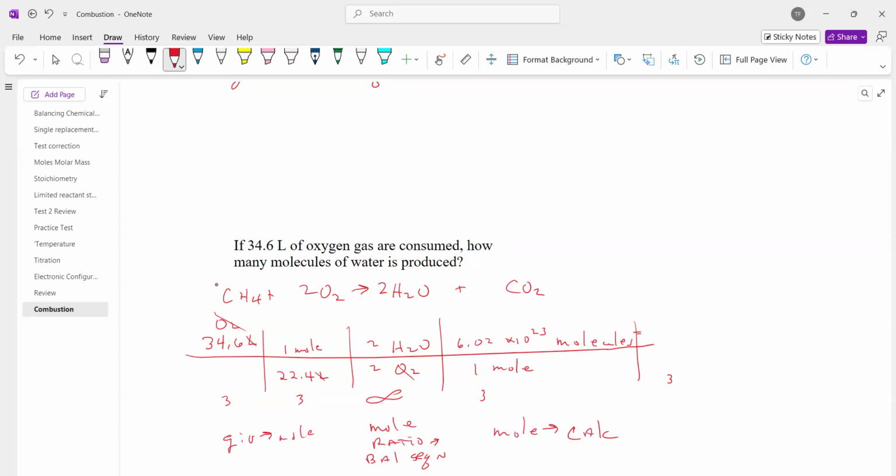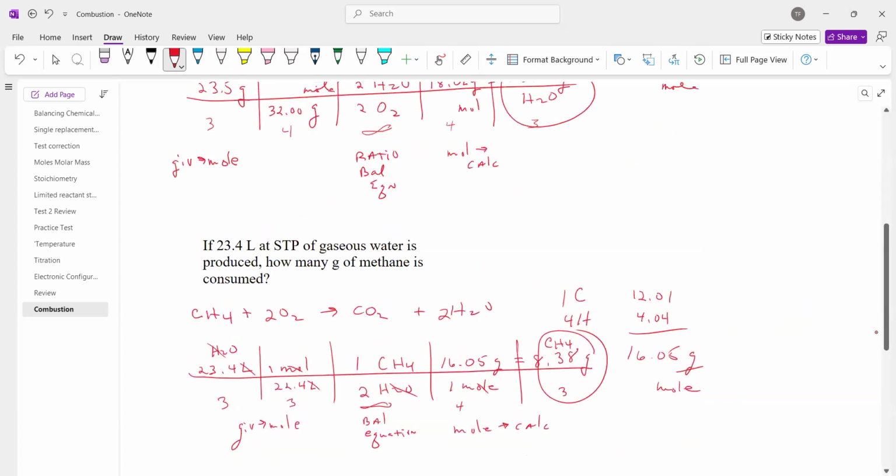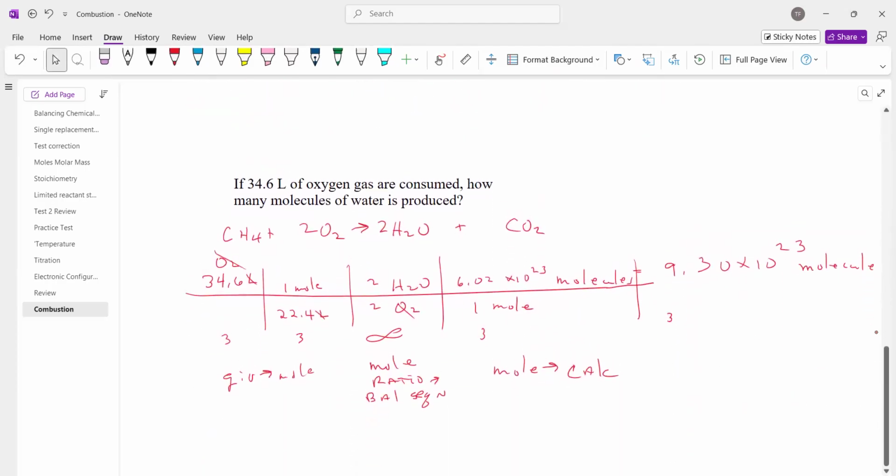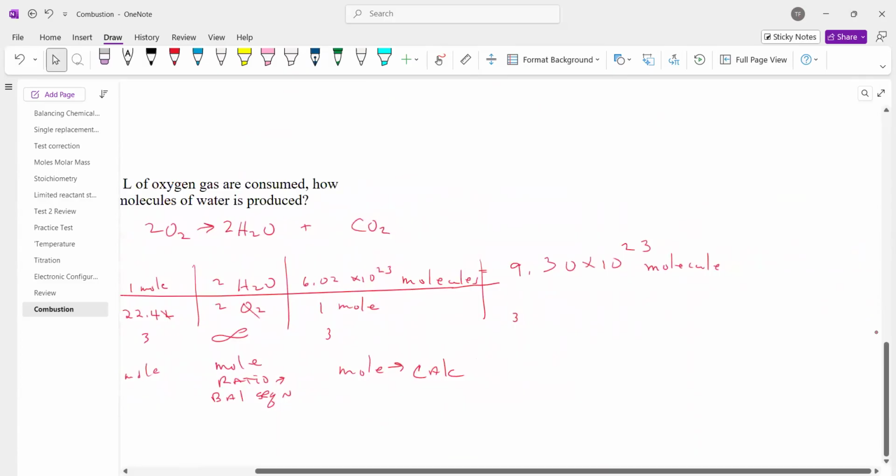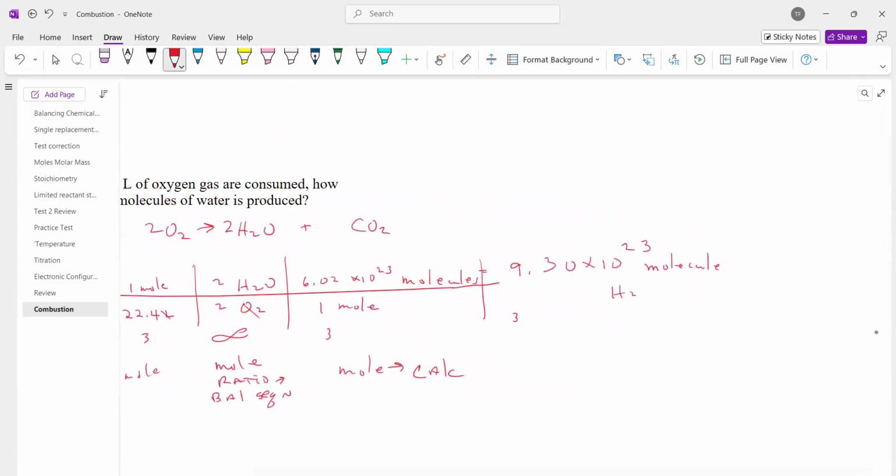Okay, so let me grind this thing out here. Three sig figs again.